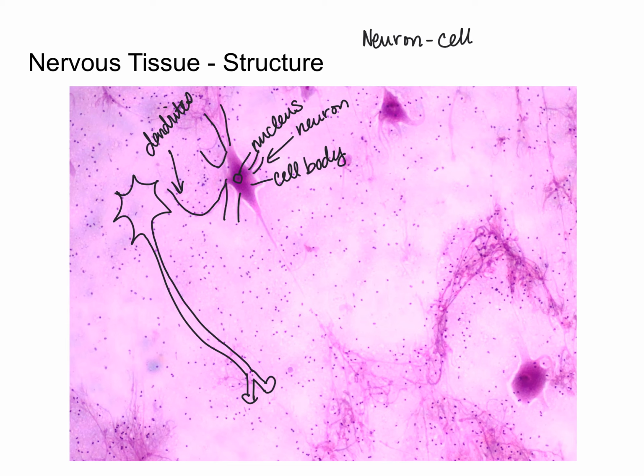There is one long extension coming off in the other direction, and that's called the axon. And then at the end of the axon, you have these branches coming off here, and these branches are called the axon terminals.